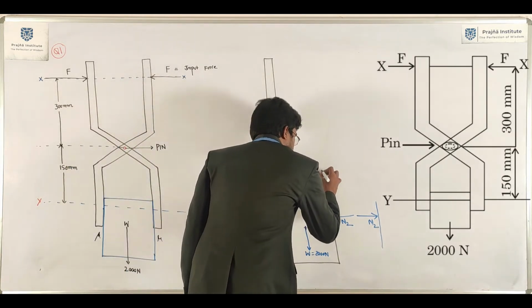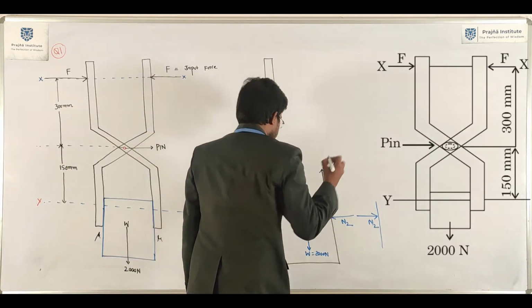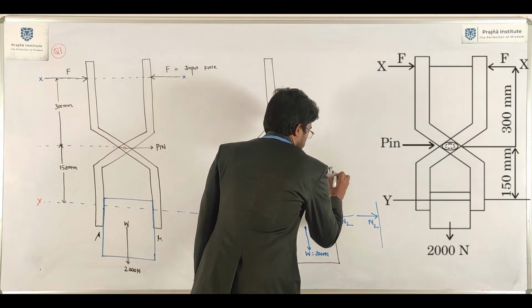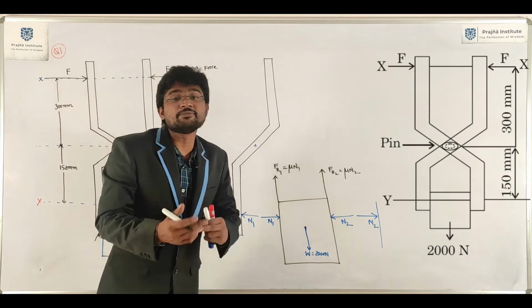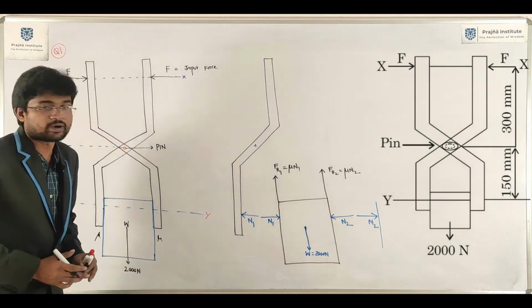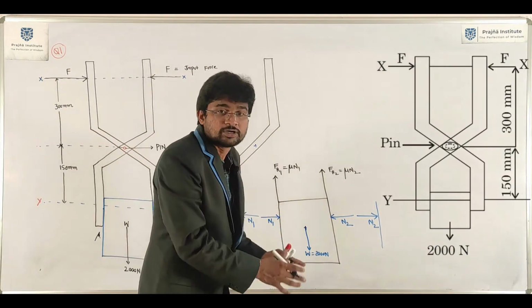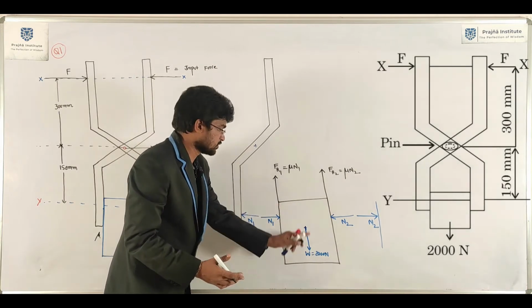Here also the same: FR2 equals mu into N2, both having the same coefficient of friction. So this is all about the free body diagram for the block.